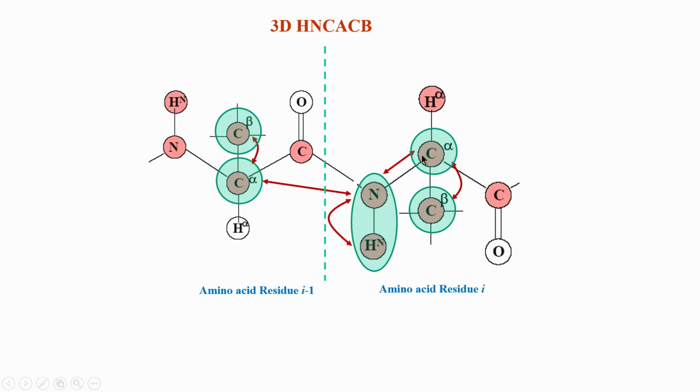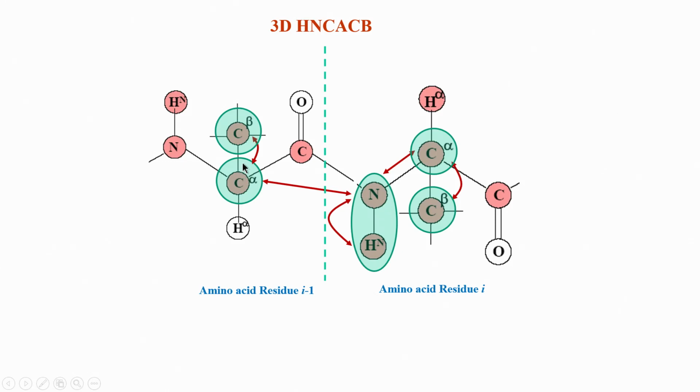One goes to C alpha, which is the same amino acid I. So, this is going from I to I, and this is going from I to I minus 1 directly. And from here in HNCA-Cb, we go one step further, we take it to C beta, and we also take it to C beta here. So, this is the additional step compared to what we saw in the HNCA case.